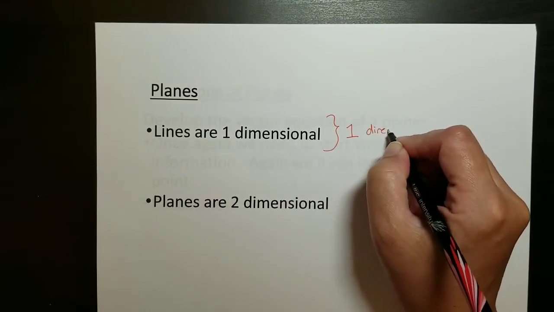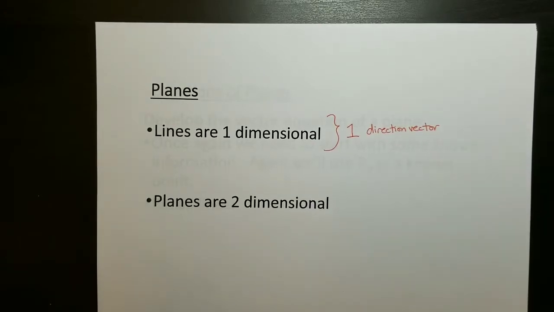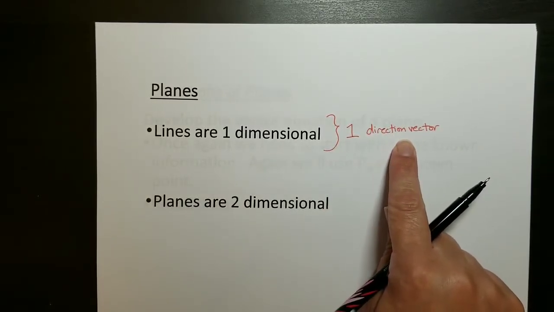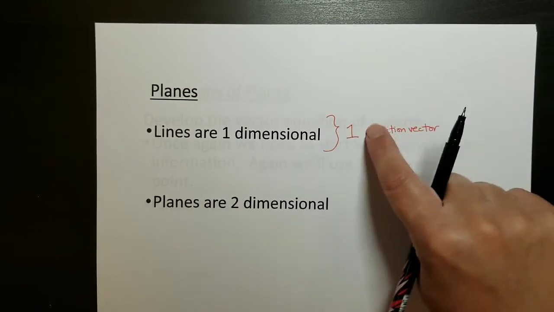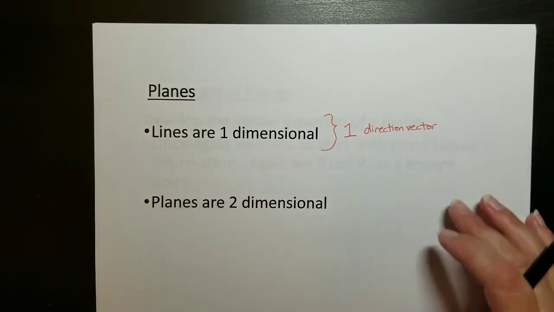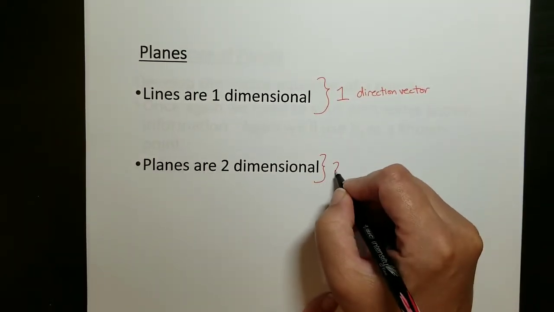We only need one direction vector for a line, because once you've got the position from the first piece of the vector equation, you can do any scalar multiple of that single direction vector and get to any point on the line. It just goes back and forth as a scalar multiple of a direction vector. Because planes are two-dimensional, we're going to need two direction vectors.